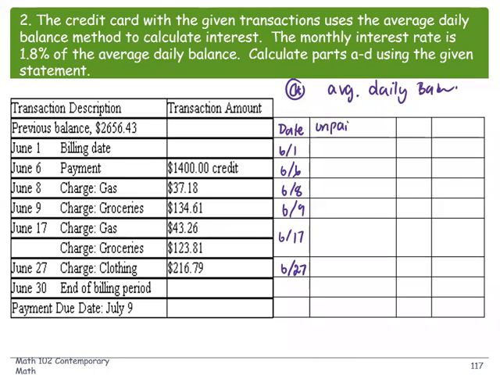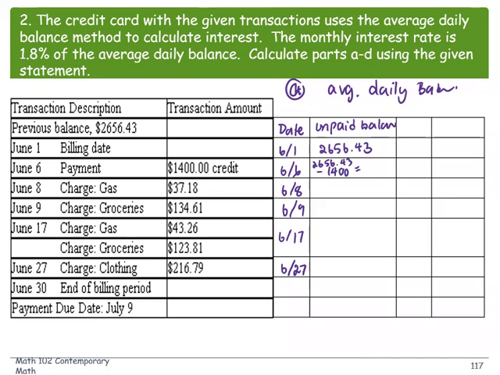This column is the unpaid balance. On June 6th, the previous balance was 2656.43, and a payment was made: 2656.43 subtracted by 1400 as a credit.